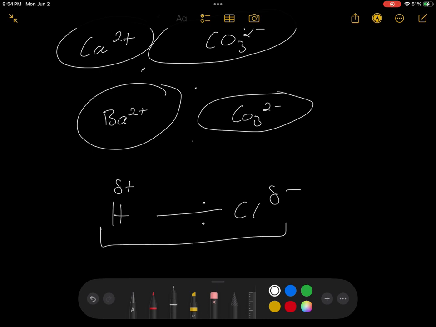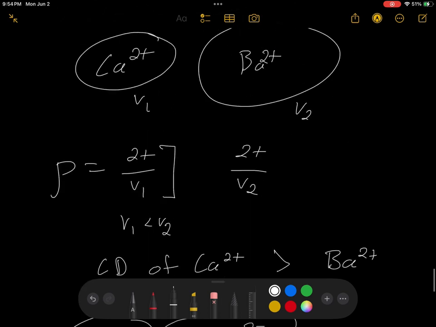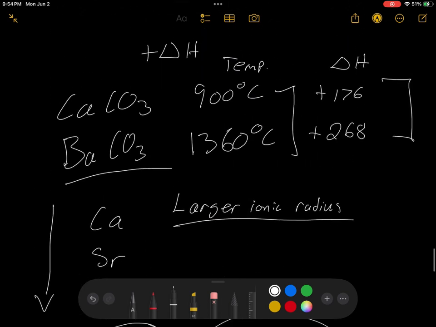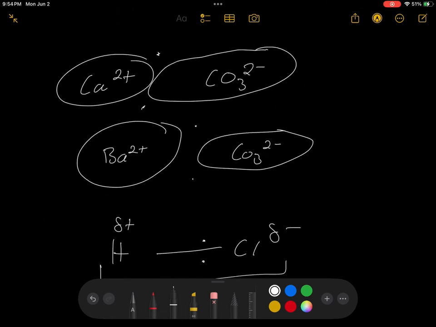And the greater this imbalance of the sharing of electrons, the weaker the bond, because it's easier to break, right? So because of that, barium has a more endothermic delta H of thermal decomposition. It decomposes at a higher temperature, because it polarizes its anion less, which means it has a stronger bond due to sharing electrons more equally.